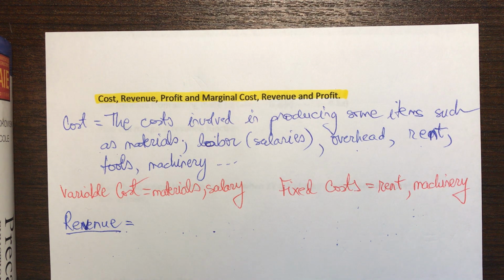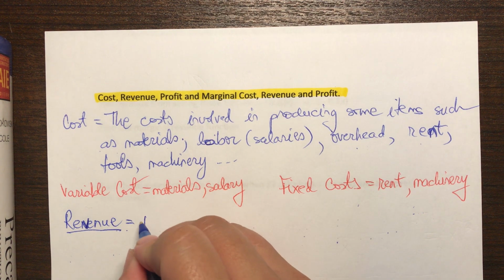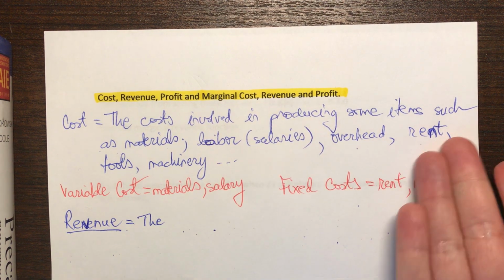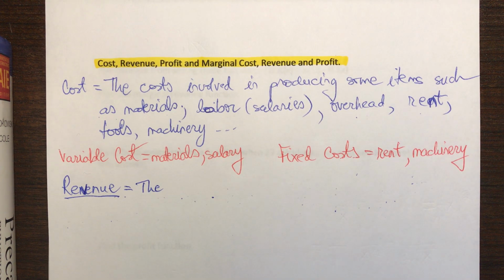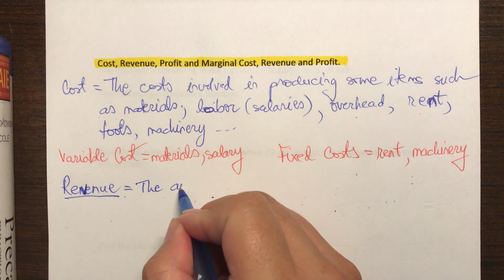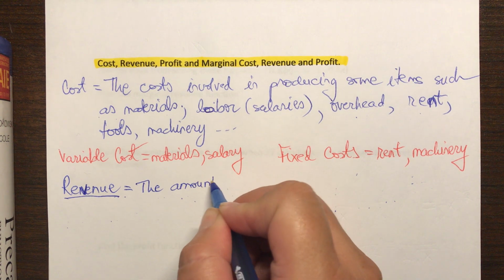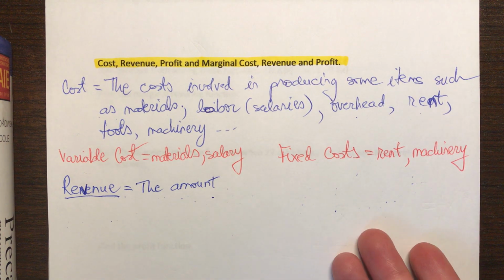What is revenue? Well, revenue is the amount of money you're going to make, right? From selling the items you've been producing. Why are you producing them, right? So the amount of money you make. And again, maybe you're not producing something, maybe you're providing a service such as cutting hair, right?